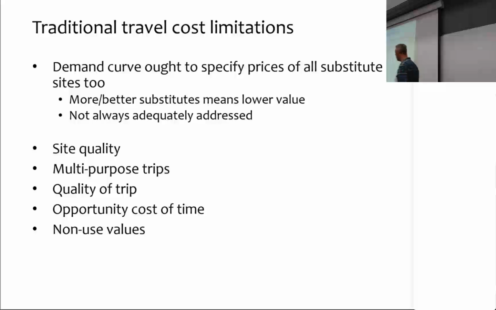And that then also immediately allows for looking at such things as site quality, right? Because if you look at a single thing, then you're not quite sure what determines the value of this thing. If you only have Brighton Beach, do people go for the sea?